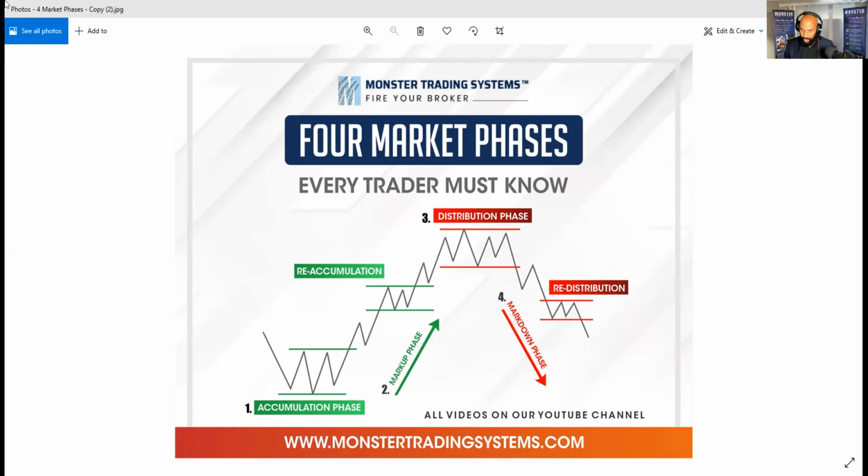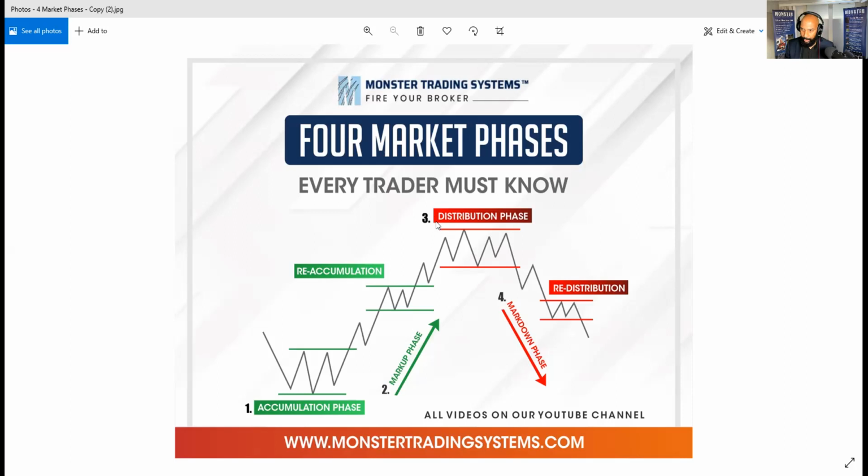This is a new one that we've done to simplify, to make it easier for you guys to see. If you don't have this one, this is the one that we'll use moving forward. We've been going back and forth with a couple of them, but we'll stick with this to make it easier for everyone. It starts with accumulation, phase 1. Phase 2 is the markup phase.